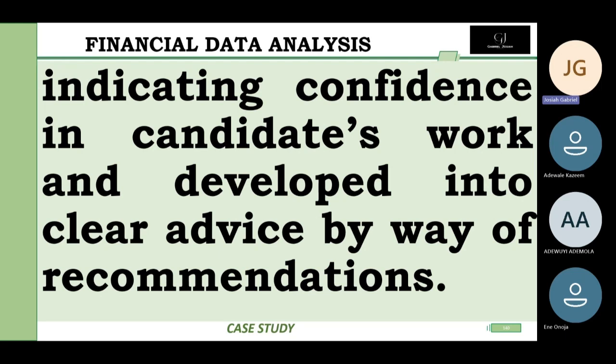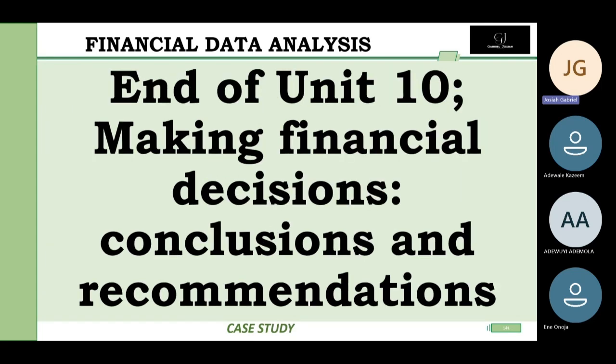And you also need to develop those conclusions into clear advice by way of recommendation. So, like I used to say humorously, your conclusions are the statement of the problem or summary of the problem. Then your recommendations are proposed solutions to those problems. Very important. So that's it on making financial decisions, conclusions, and recommendations, which is in your 7th and 8th box.